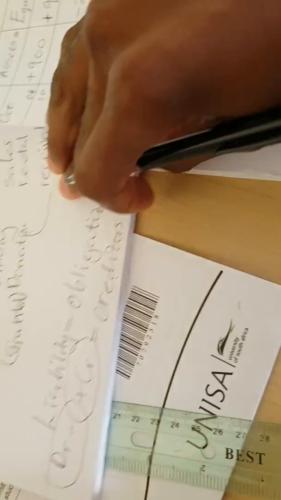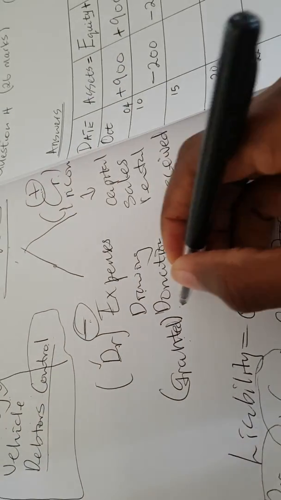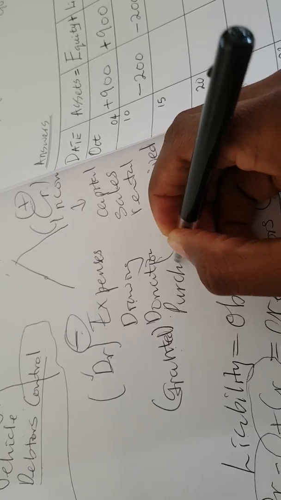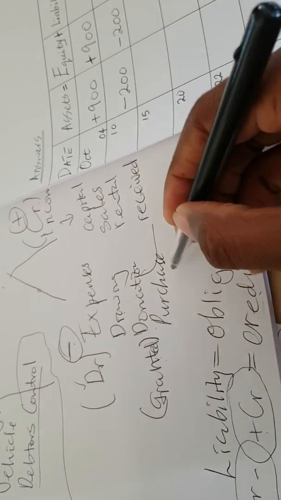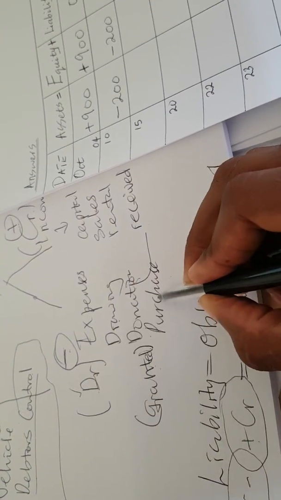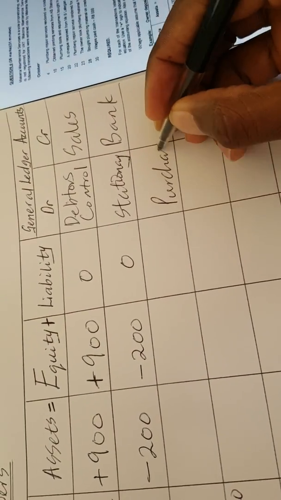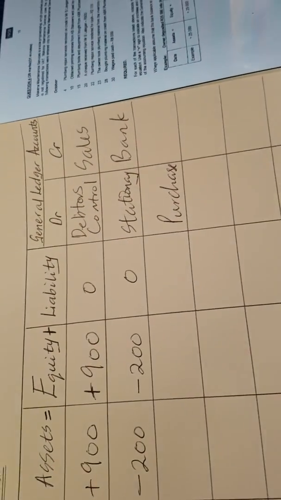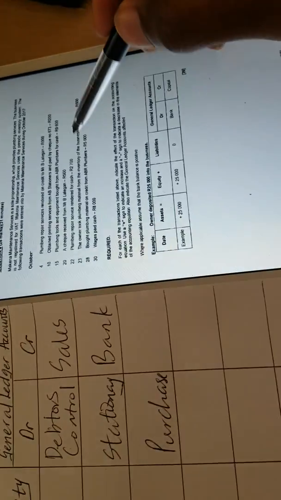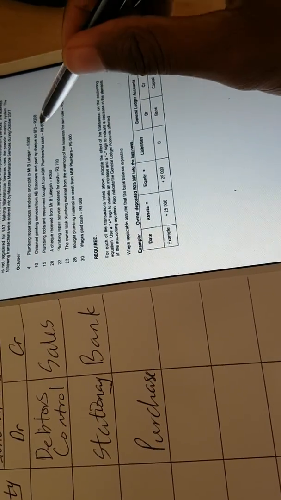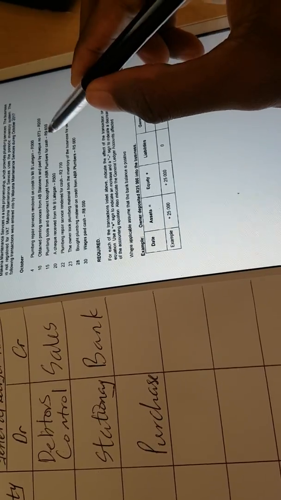So whenever they purchase those tools, it means they are incurring an expense, and purchases is one of the examples of expenses under periodic. And expenses should always be debited. So we're going to debit the purchases here. So I'll come on the debit side and debit the purchases. Okay, why did I debit the purchases? Because when they purchased these tools and equipment, equity was affected negatively by minus 9,600.